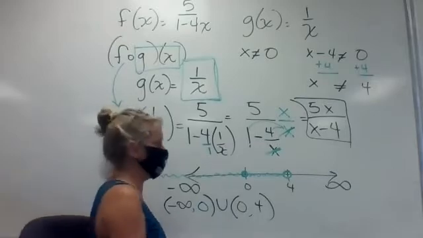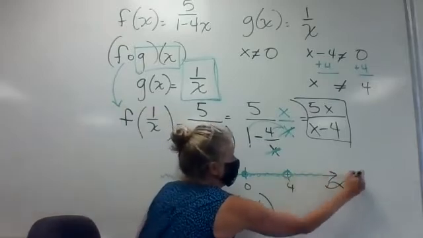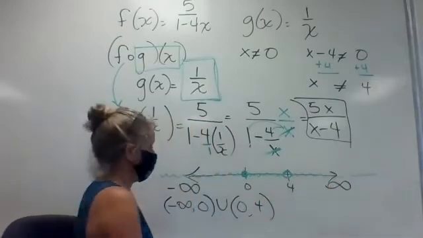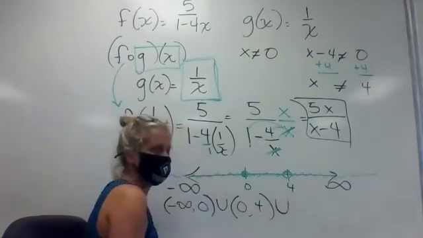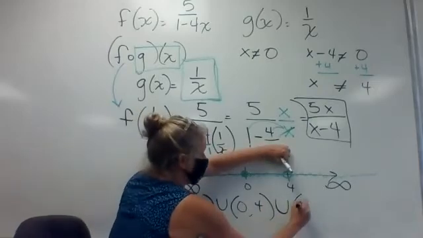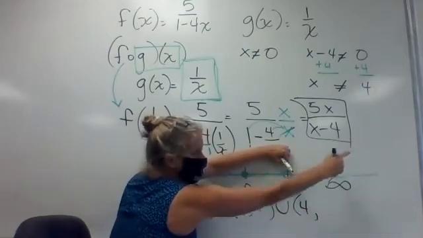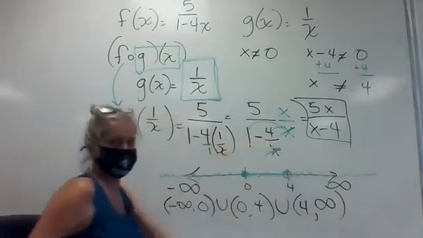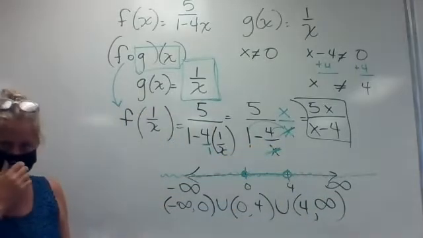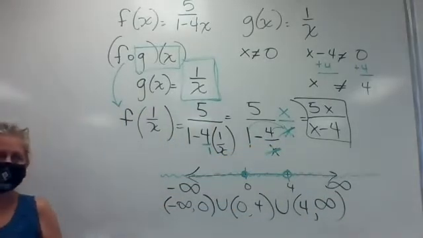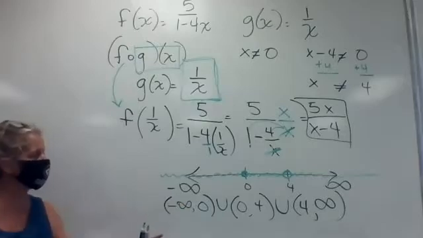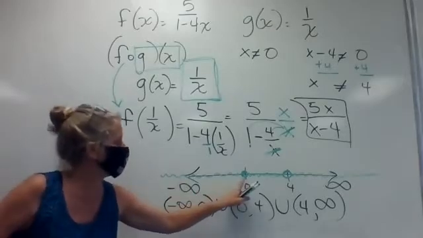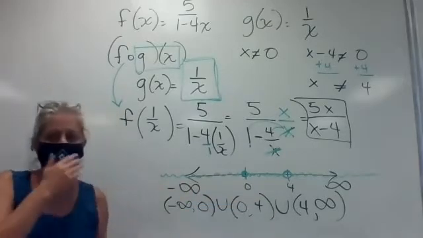And I also want to show that this is good. So and, another and, starting at 4 and then going forever to infinity. So that's its domain. That shows all the numbers on the number line from negative infinity to positive infinity, except 0 and 4.